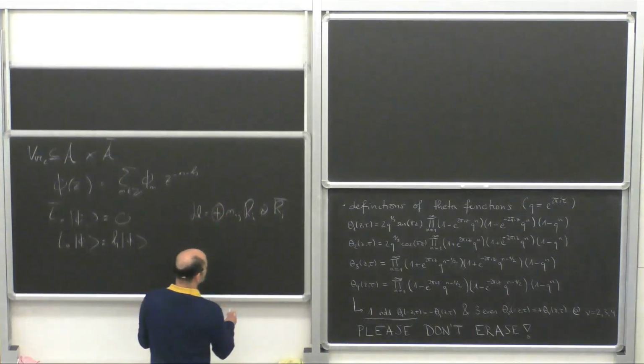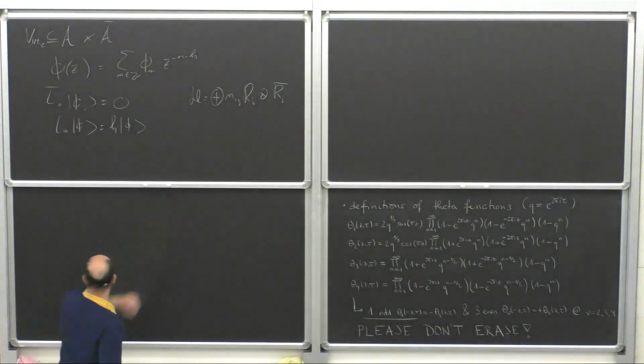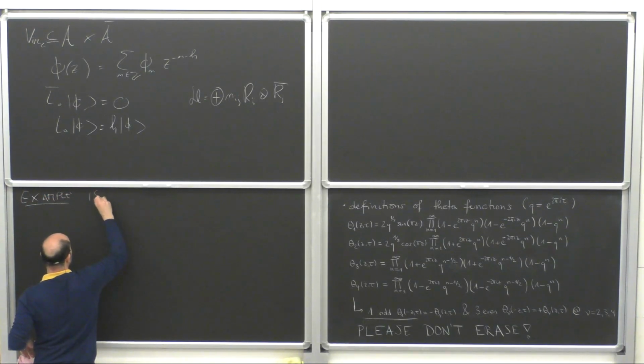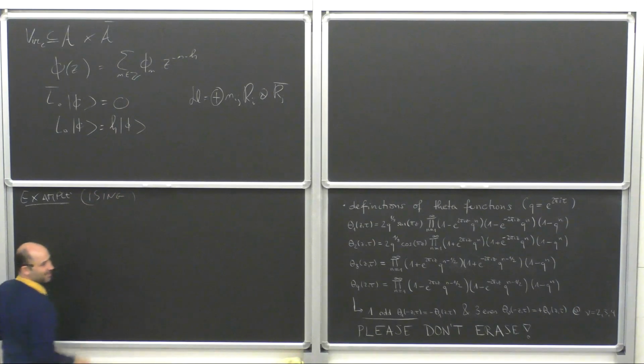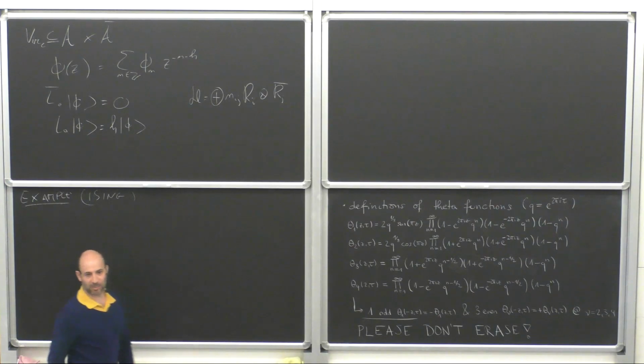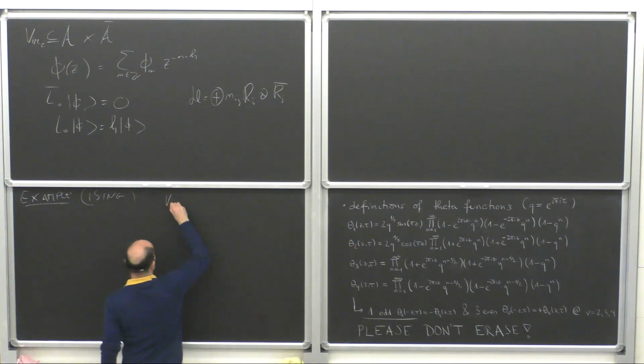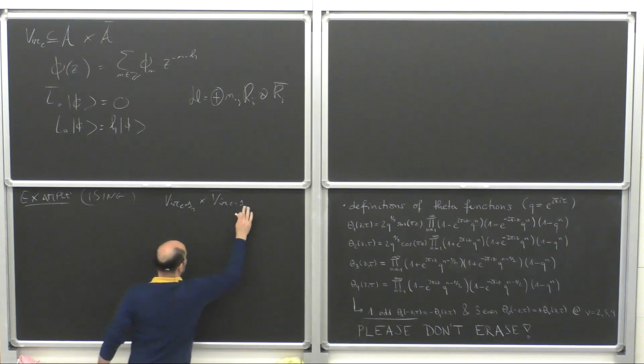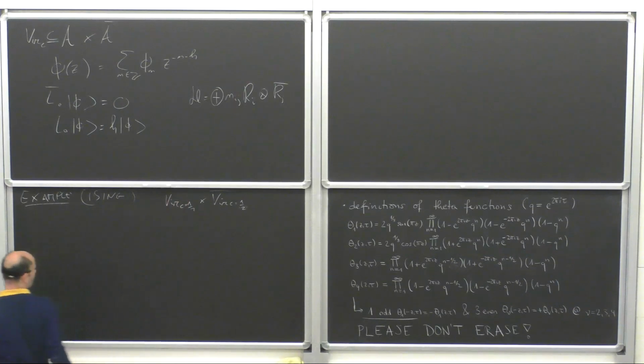So these are words; now an easy example. The easiest is the Ising model, and in this case the chiral algebra is not even extended. It's just Virasoro at central charge 1/2, and the same for the anti-chiral algebra. For representations of this chiral algebra, we have 3 unitary representations.